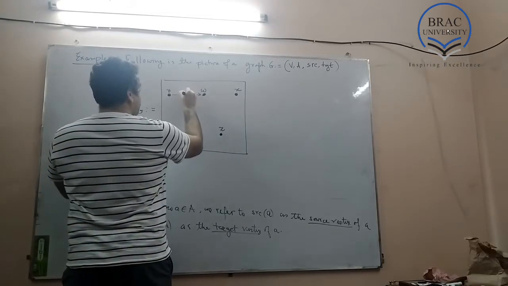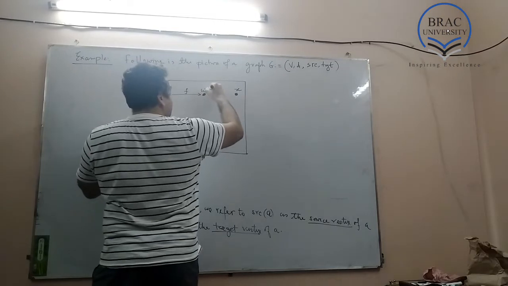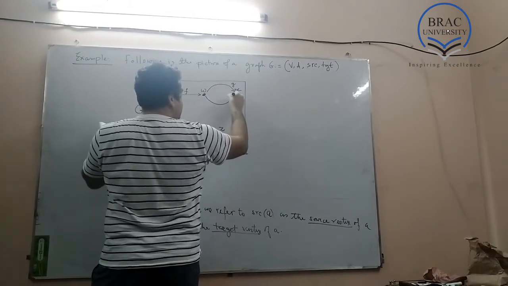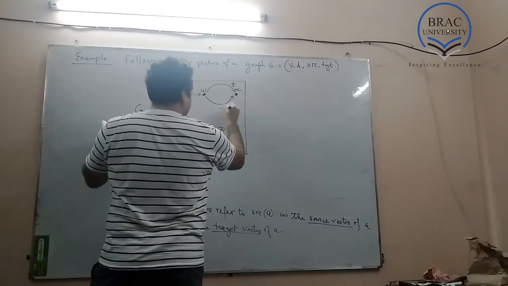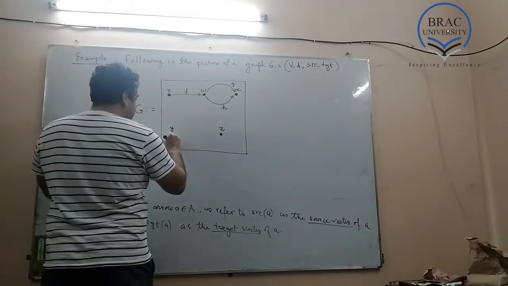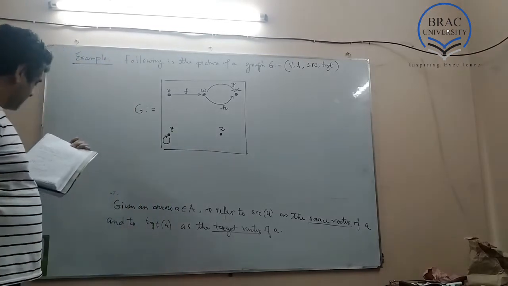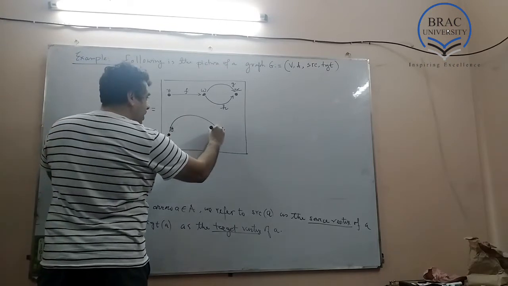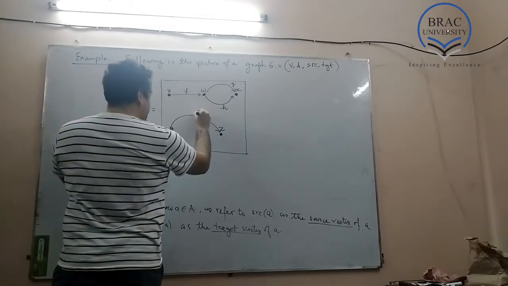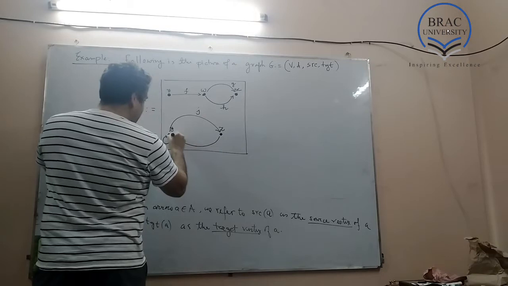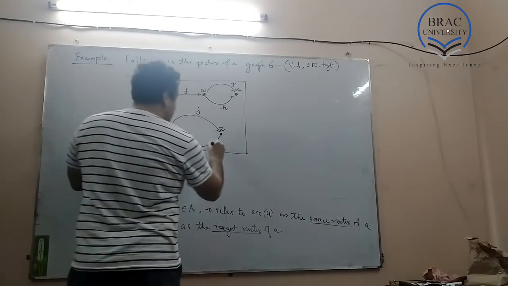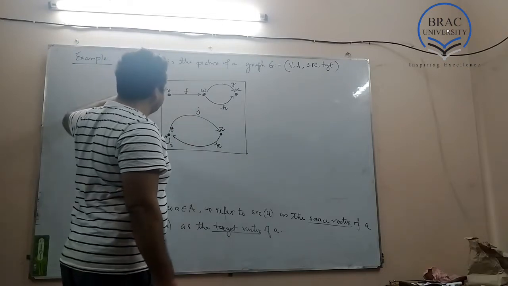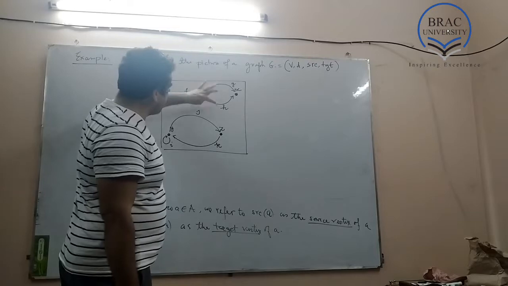Let us label this arrow with F. There is one arrow from W to X labeled G, and there is another arrow between the same two vertices labeled H. There is one loop, starting and ending at Y, called I. There is one arrow from Y to Z called J, and another arrow from Z to Y denoted by K. So there are 5 vertices here for this graph, and there are 6 arrows.